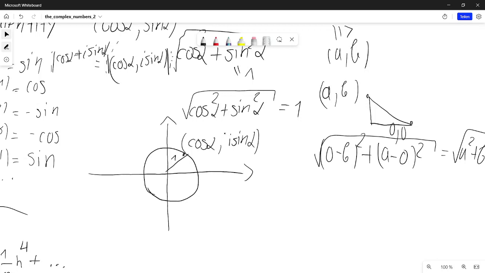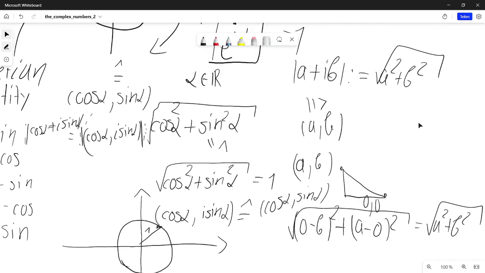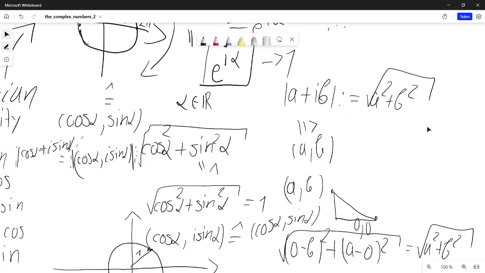Taking the imaginary part means working with real numbers anyway. And thanks to the geometrical identification, this is identified with this point, right? We call this the absolute value of a complex number, more generally.